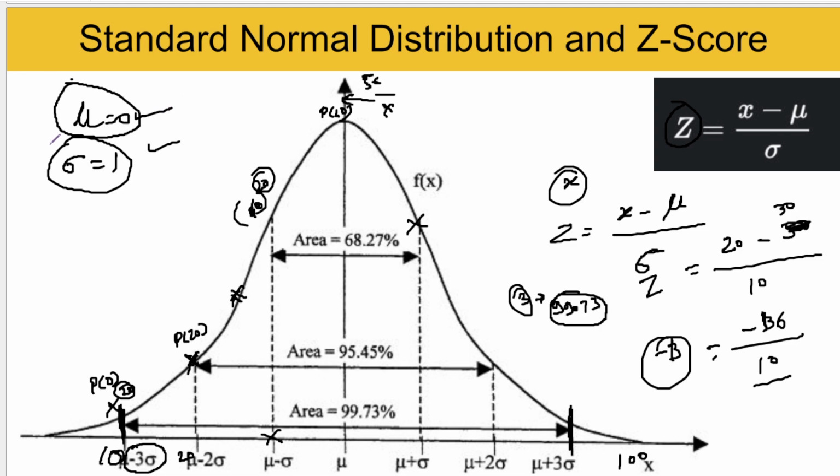If you increase or decrease the standard deviation, last time we plotted this in Desmos. You can search on the internet, Desmos normal distribution. If you change the standard deviation, the spread will change.